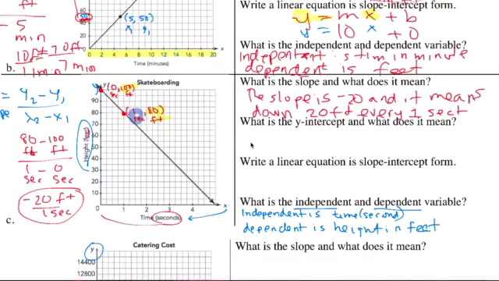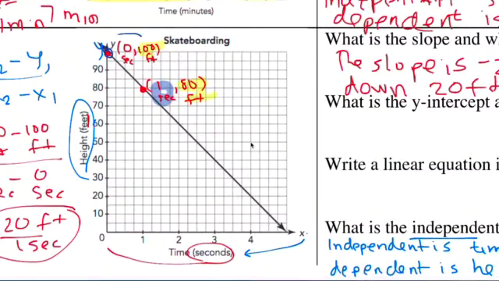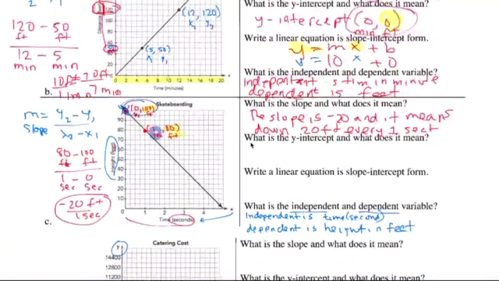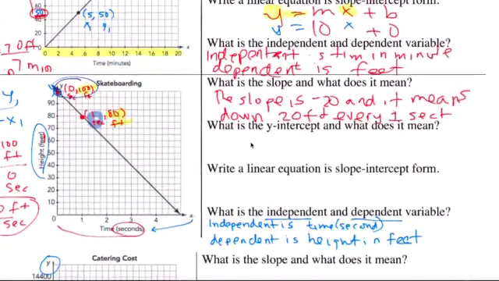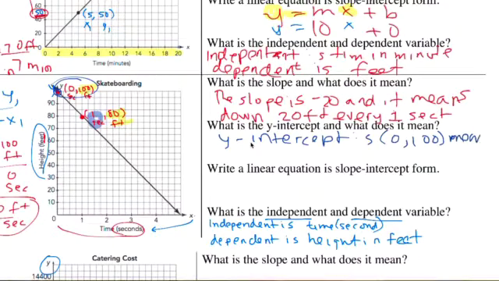The y-intercept is at 0, 100. The y-intercept is 100. It means 0 seconds, 100 feet.